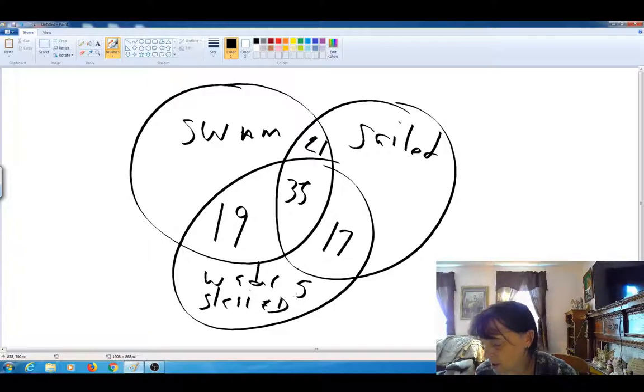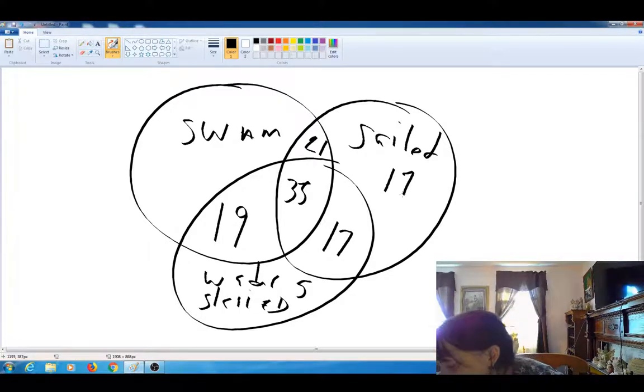90 sailed, so you have 21 plus 35 plus 17 is 73. 90 minus 73 is 17. And 21 plus 35 plus 19 is 85. 107 minus 85 is 22.